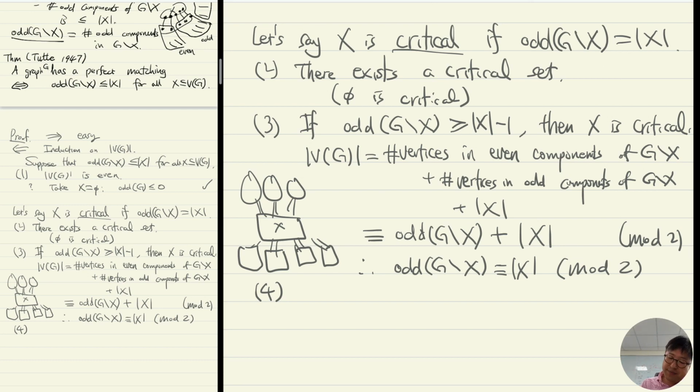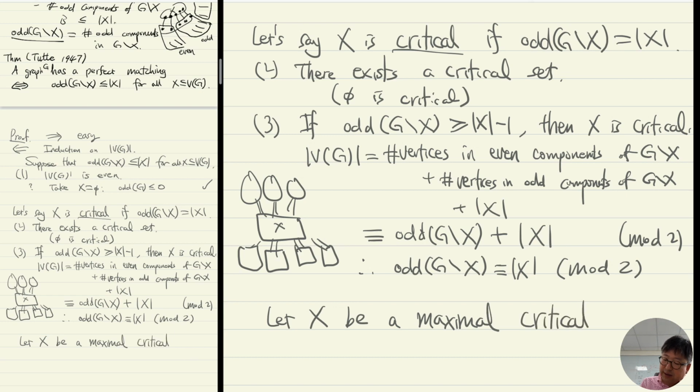Right, so what about the next claim? Now we will choose a particular critical set. So let X be a maximal critical set. So from now on, my X is not an arbitrary critical set, it's going to be a maximal critical set.